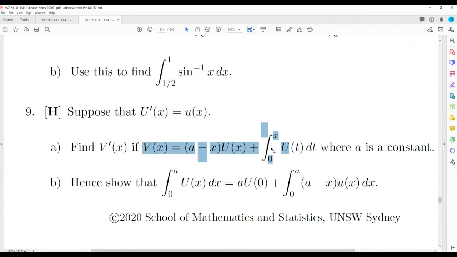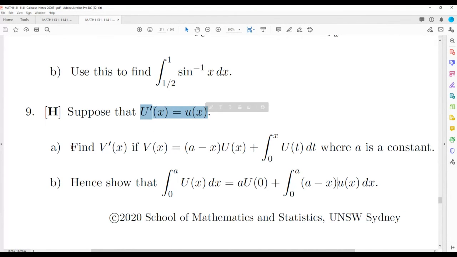All right, so let's read it carefully. Suppose that capital U is a function whose derivative equals this little u. We don't know what capital U and little u are.